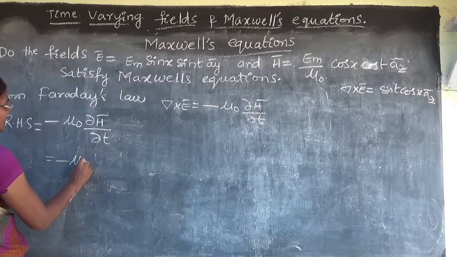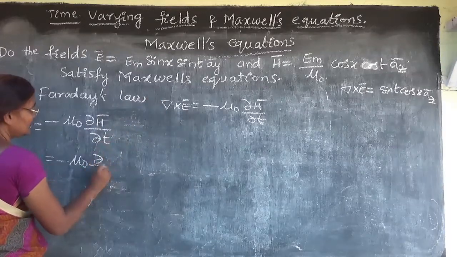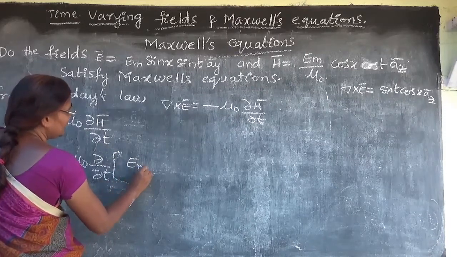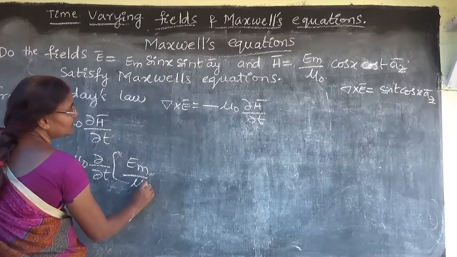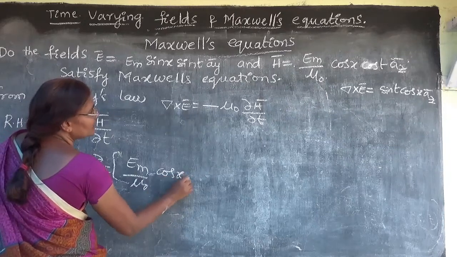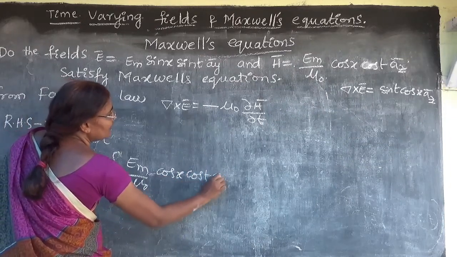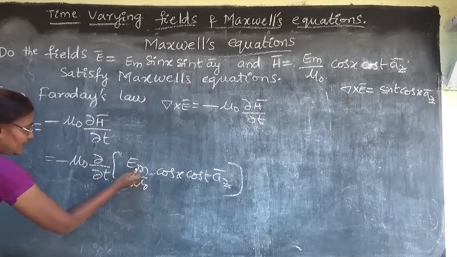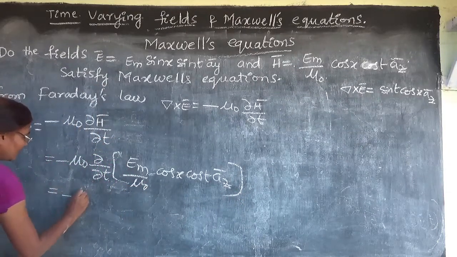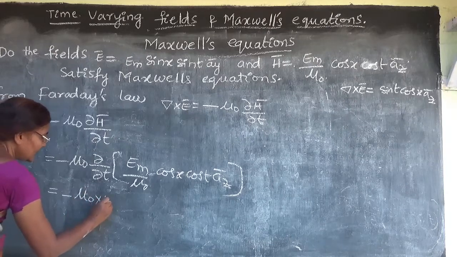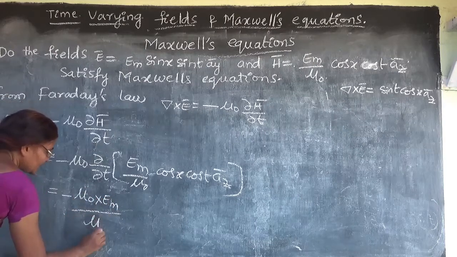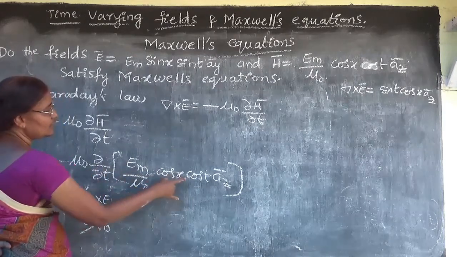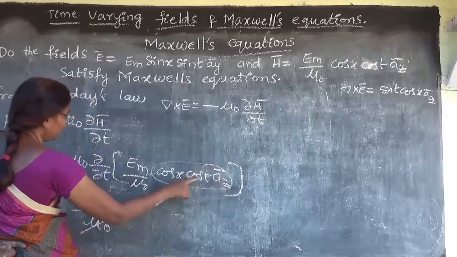Minus mu naught, what is H bar? Dou by dou t of H bar is equal to Em by mu naught cos x cos t az. So Em by mu naught is constant, so minus mu naught into Em by mu naught బయటకు వచ్చేసి mu naught will be cancelled, and differentiation of this quantity with respect to t.